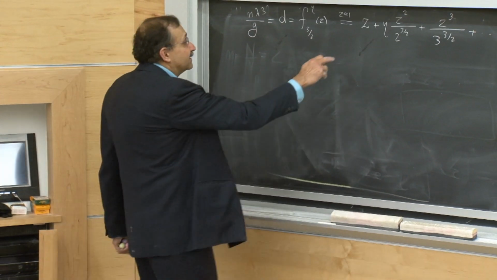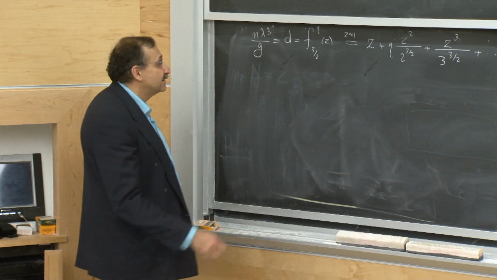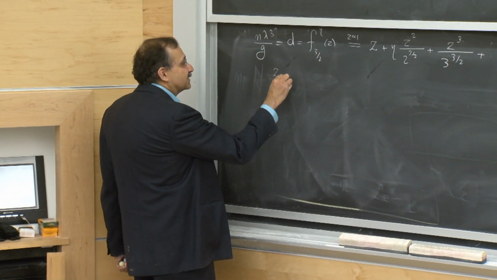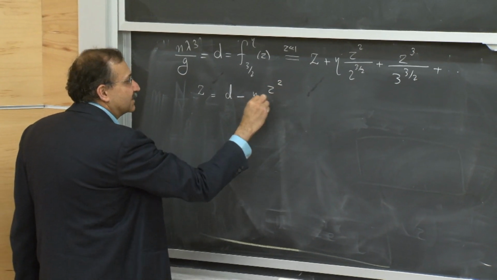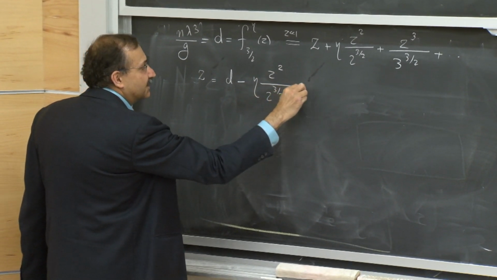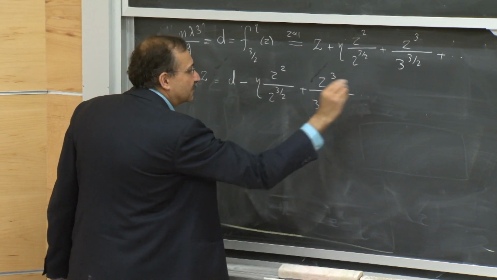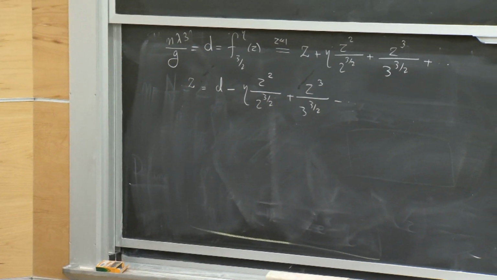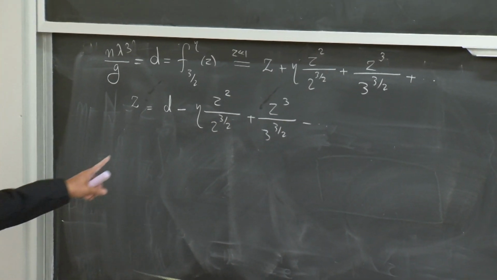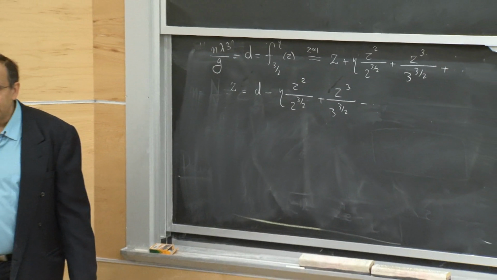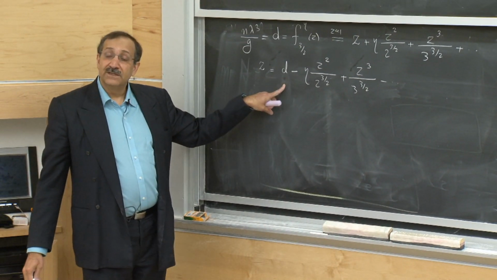But that z is equal to d only at the lowest order. So what happens at higher orders, z, inverting this, is d minus eta z squared over 2 to the 3 halves plus z cubed over 3 to the 3 halves, and so forth. And we saw this when I was doing the calculation for the interacting gas, that clearly to lowest order z equals d.